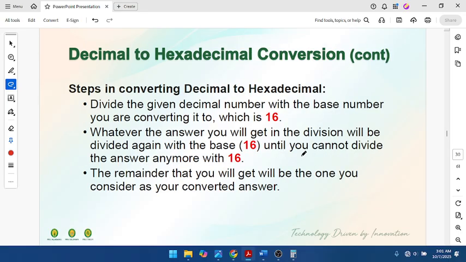So here are the steps. First, divide the given decimal number by 16, the base you are converting to. Whatever answer you get, divide it again by 16 until you cannot divide the answer anymore. Then the remainders are the converted answer.